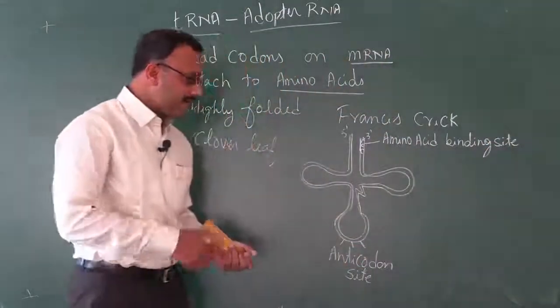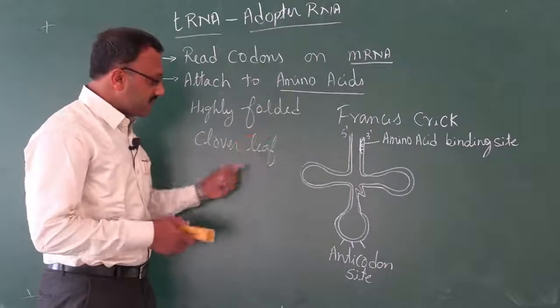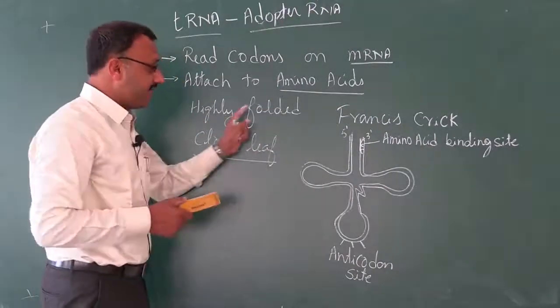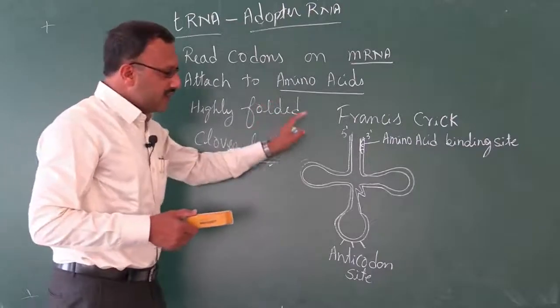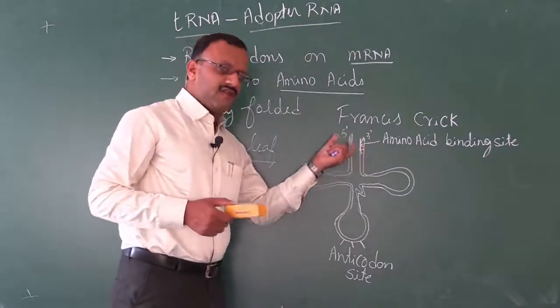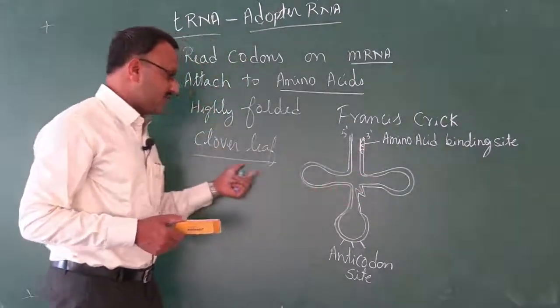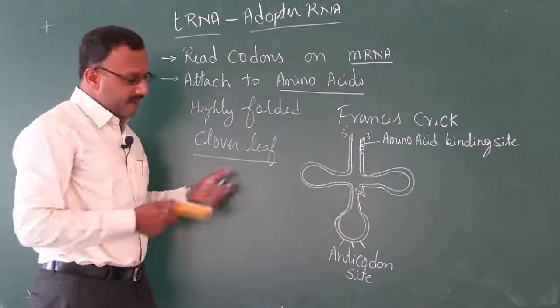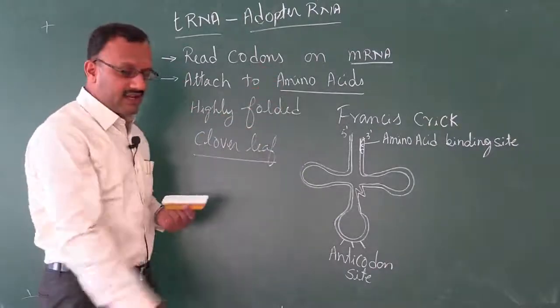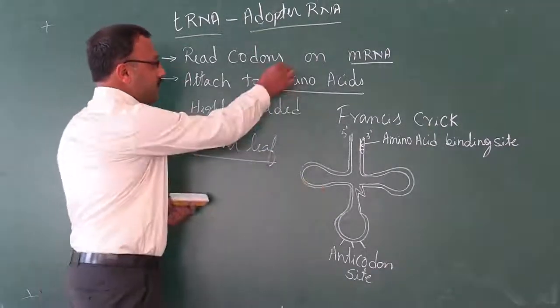I'll repeat. The tRNA which resembles a clover leaf because of its highly folded condition, the 2 ends are coming closer to each other. Because of that, it will appear in the form of a somewhat clover leaf, and it shows two important ends. As I mentioned in the beginning, it reads the codons.